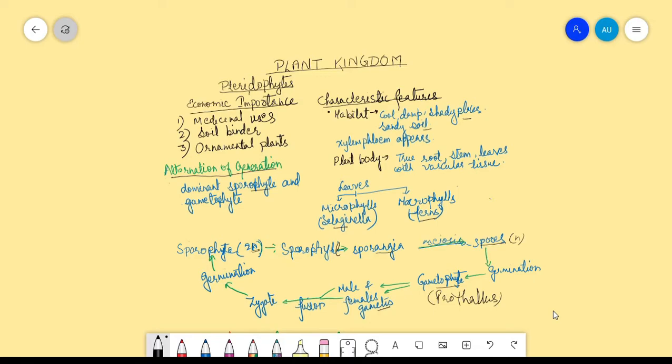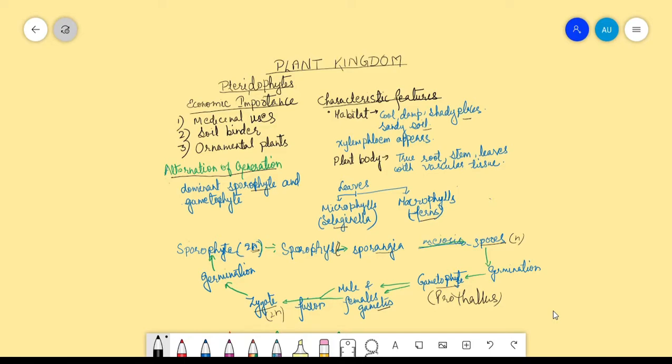Now after that these two gametes will undergo fusion and the product will be zygote. Here it becomes 2n or diploid structure. This zygote will undergo germination and give rise to the sporophyte, which is a 2n or diploid structure.